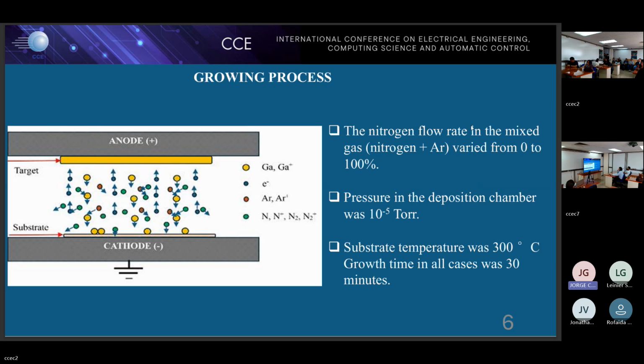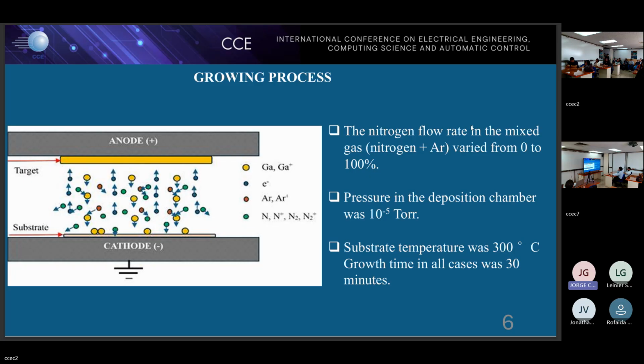In this case, gallium is not a problem. The problem could be the nitrogen, whose atomic mass makes it easily deviate from the path, and that's why we have to maintain a rich concentration of nitrogen.